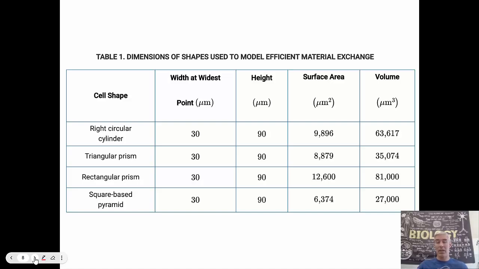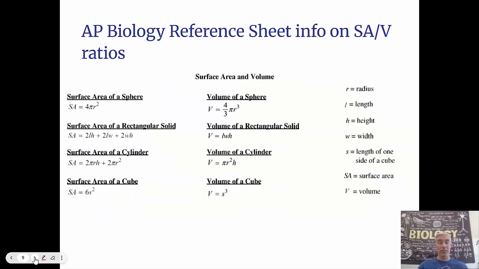If you look on the AP reference table that you all get, you have a pretty substantial part of it that gives you all of the different surface area and volume equations for different shaped objects. So you may actually have to calculate it. We will look at that in a second. I'm going to do a question that requires that as well.